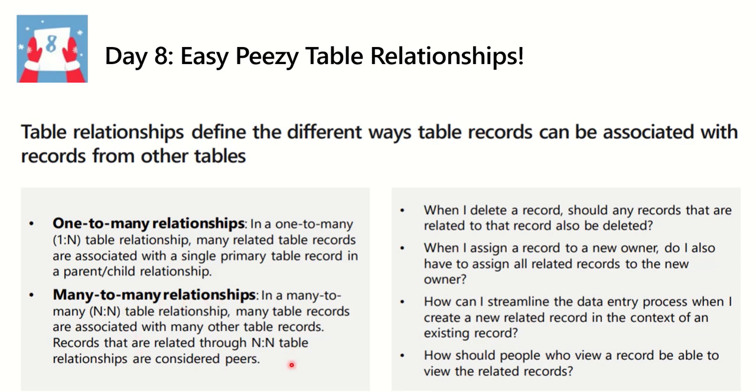So in a many to many table relationship, many table records are associated with many other table records. So records that are related through an n-to-n table relationship are considered peers. A good example is students to classrooms, right? So it's not a one to many because you have more than one student associated with a classroom.